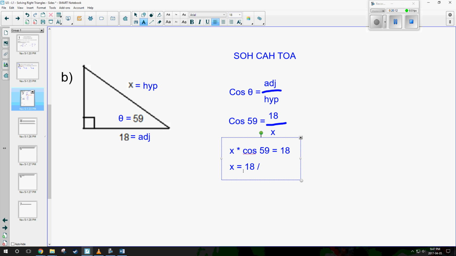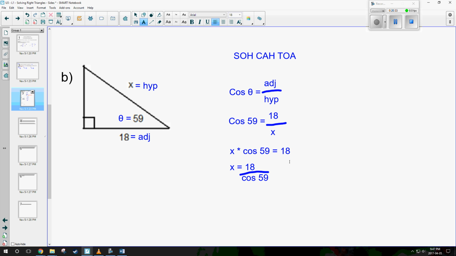So we would get 18 divided by cos of 59. So x is equal to 18 divided by cos 59.